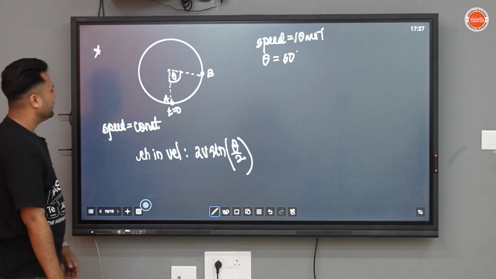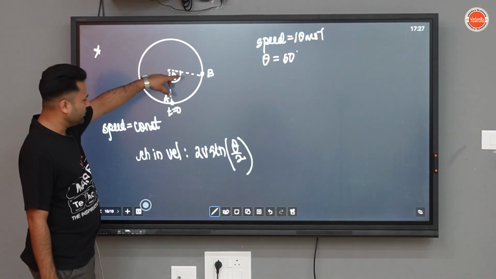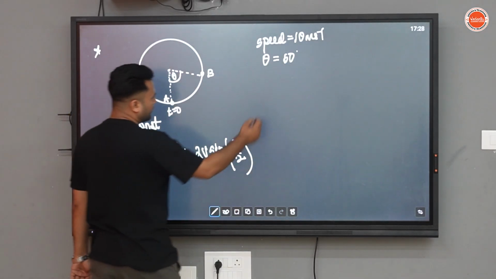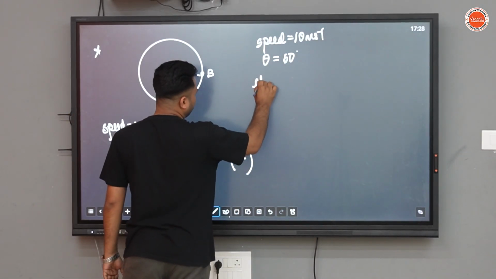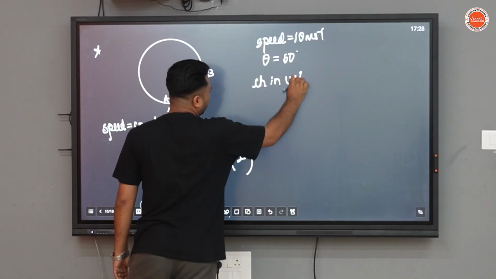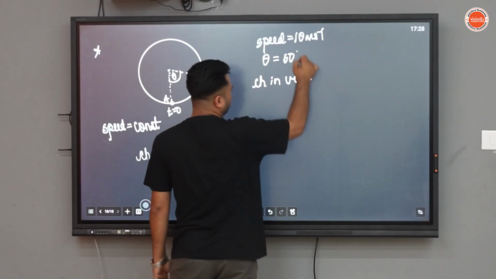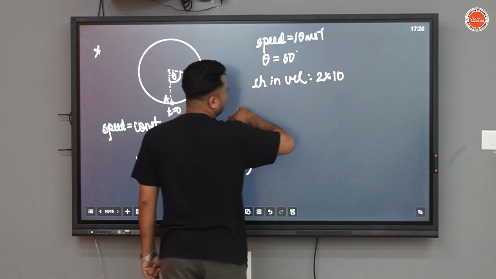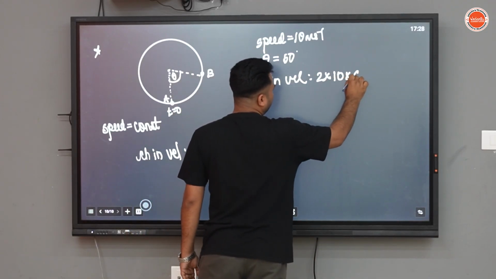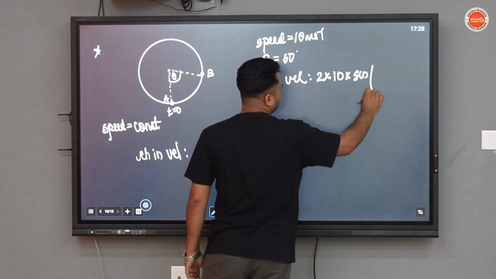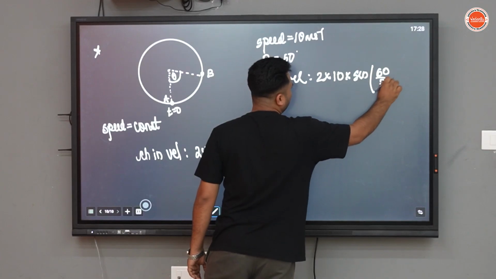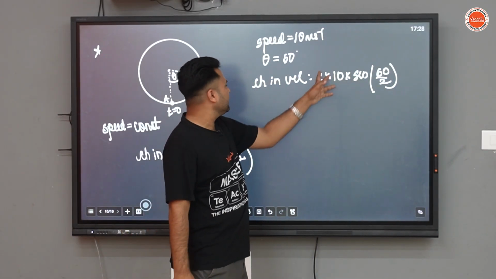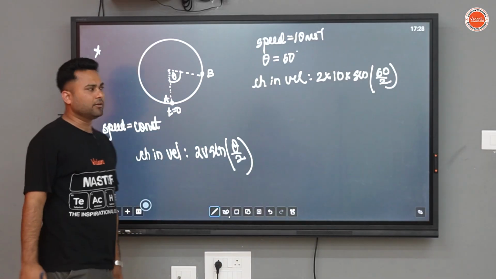So what will the change in velocity be? It will be 2v sine theta by 2, so 2 into 10 into sine 60 by 2, sine 30, which is 1 by 2, 2 cancel, so 10 meter per second. Okay.